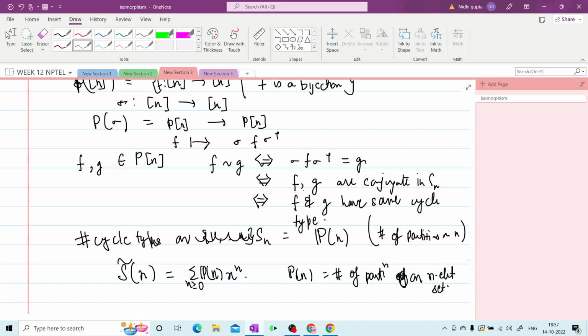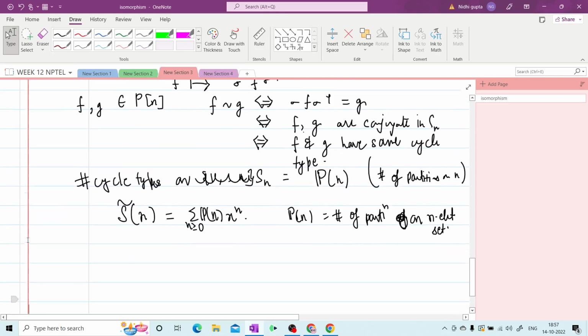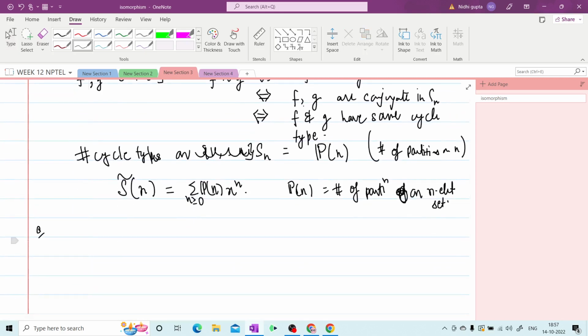Now the last is the species of cyclic permutations.